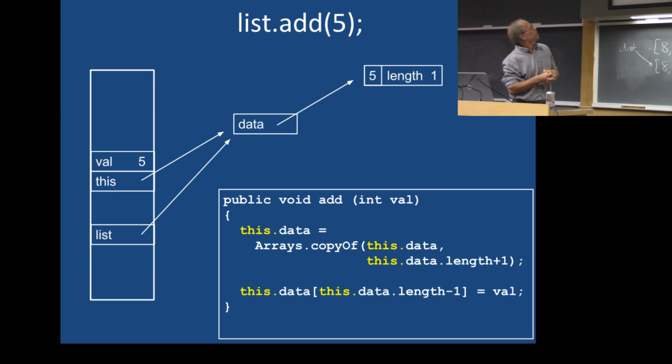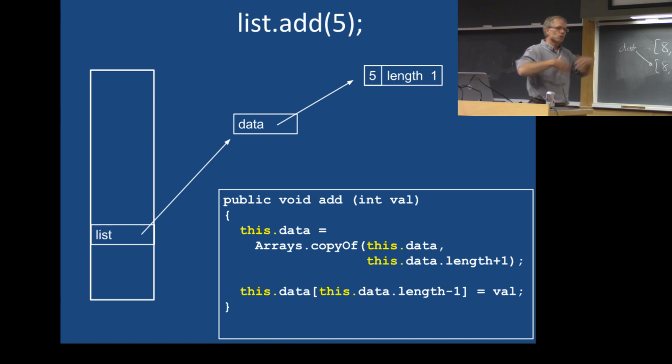What's going to happen now? What's it going to look like when add returns? How will the picture change when the method returns? Right, so the stack frame that contains val and this is popped, and you're just left with that.